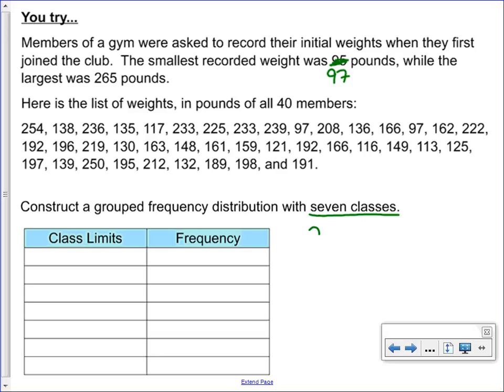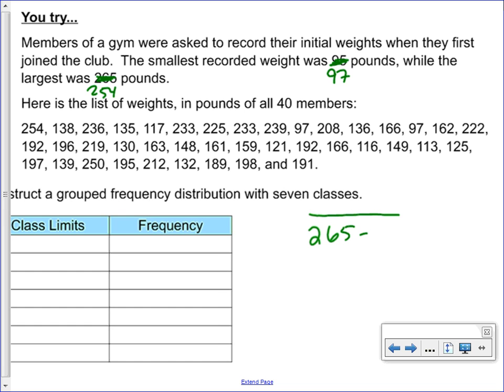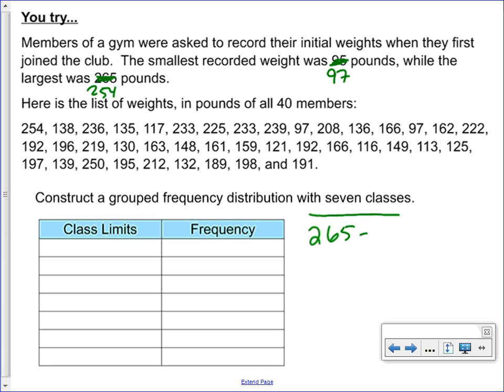Biggest number, 265. Where is it? 254 is the highest number. 254. All right.